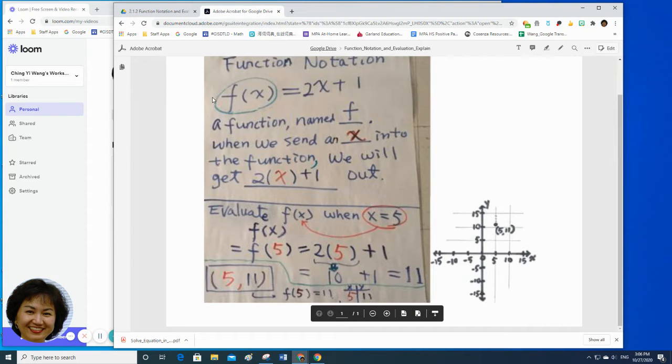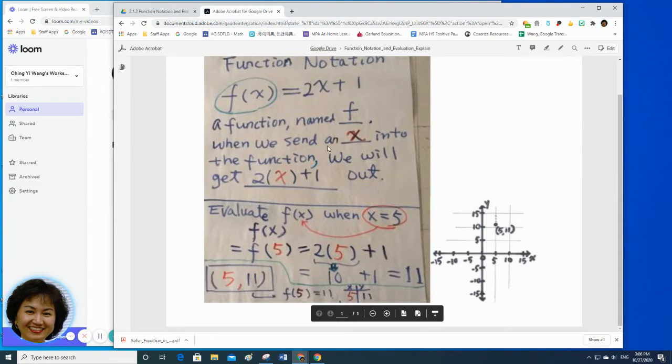Like the example we are given here. F of x equals 2x plus 1. What does this notation really mean? Look at everything I'm writing here, word by word. This actually means there is a function named f.